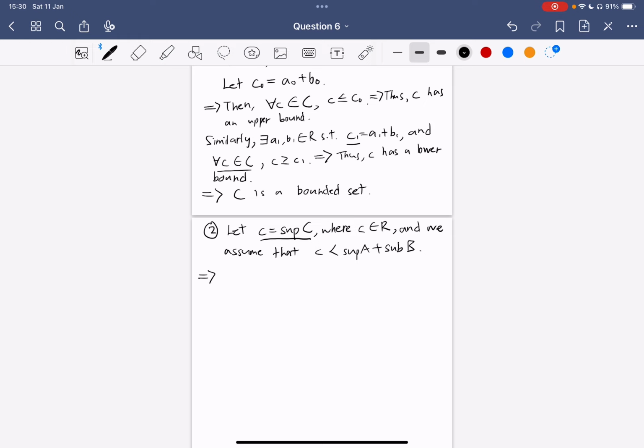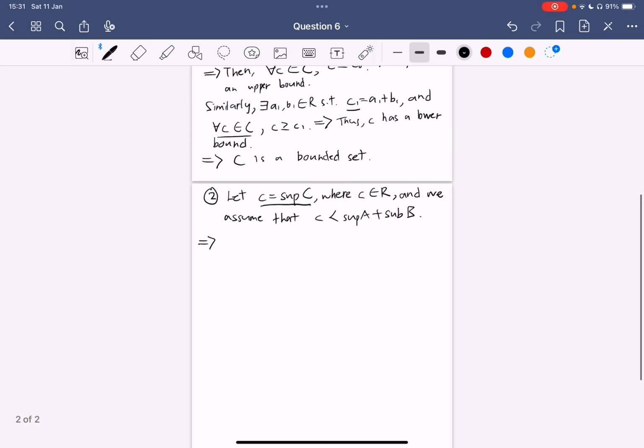Then that implies one of three cases is true.